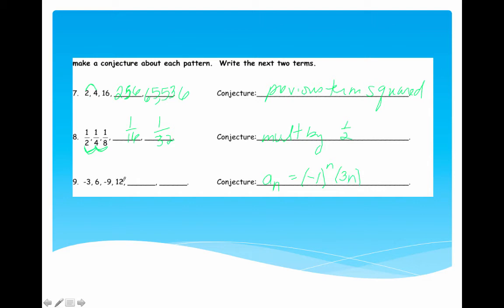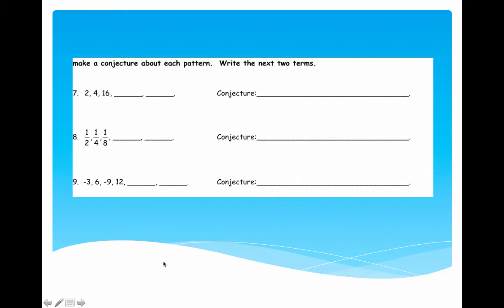So 3, 6, 9, 12. This is harder to write down, but you could have easily, without writing this down, just written the next terms, right? So in this case, the next terms are easy to write down, the formula is hard. In these, the process, the conjecture was easy to write down, and these were harder to solve.